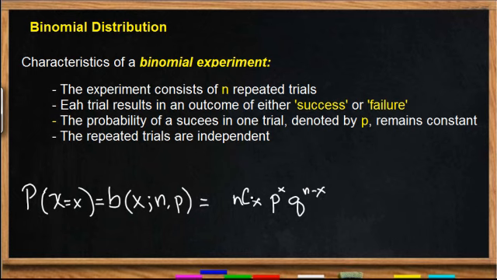So kabalo naman ta unsa ang combination, equal na siya sa n factorial over n minus x factorial times x factorial, so times p to the x, q to the n minus x.